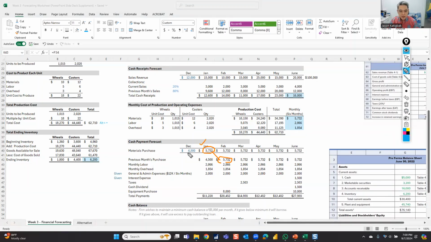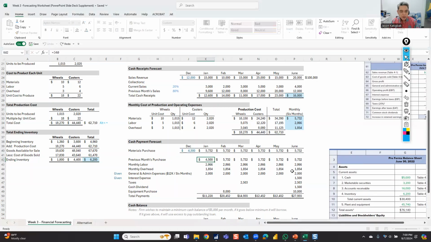It's because of the December. Let me make sure we highlight that properly. The December 2021, it's paid in January 2022. So it carries over. So that's why the linking. So these are assumptions. Normally, the assumptions will be spelled out for you. These are the assumptions and how it looks.